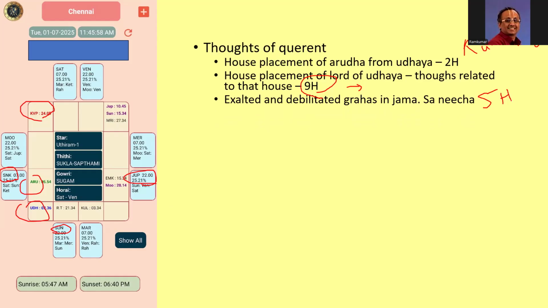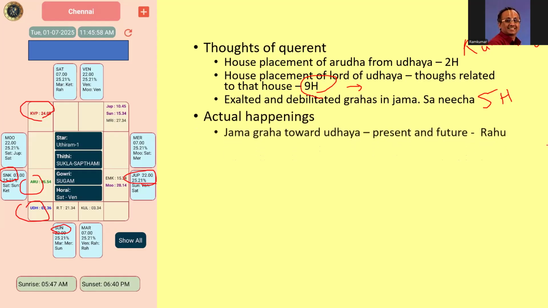Okay, so now what is happening? You are getting second house, 5th house, 9th house. You are getting snake, you are getting Saturn. Saturn means what normally? Delay. Then the actual happening. Which is the Graha coming towards Udaya?